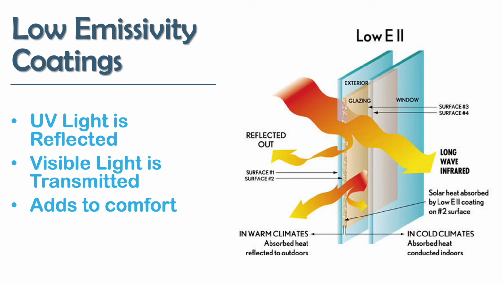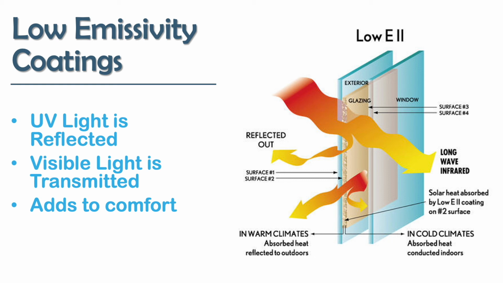So, how do low emissivity coatings work? It makes the glass spectrally selective. It transmits visible light while reflecting other types of energy.